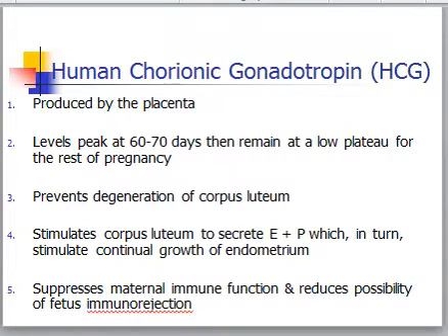It stimulates progesterone production from the corpus luteum, and HCG plays a critical role in placental steroidogenesis, helps in sexual differentiation, and stimulates the vomiting center in the brain. So these come under the gonadotropin hormones. Okay, next we are going to see about this one.